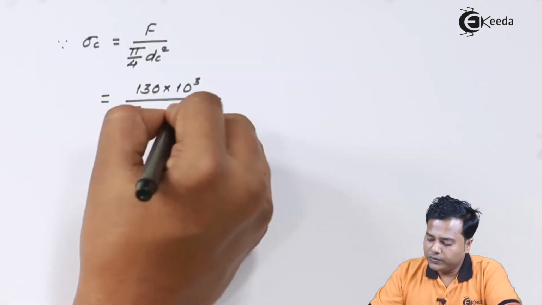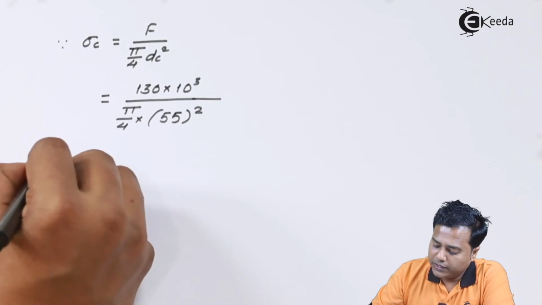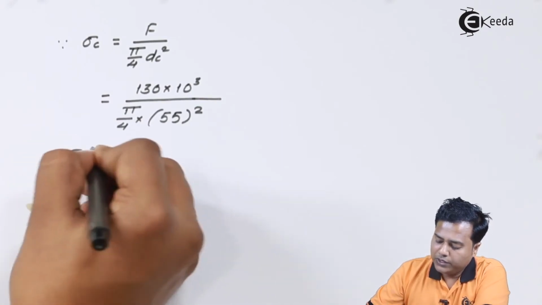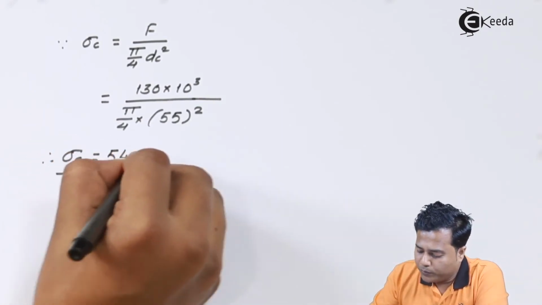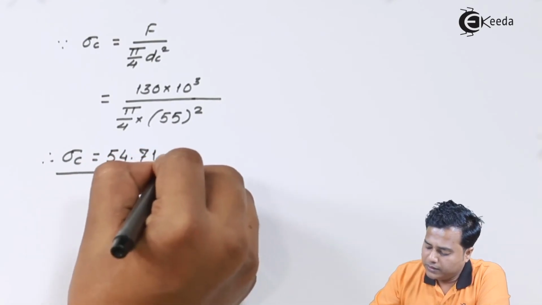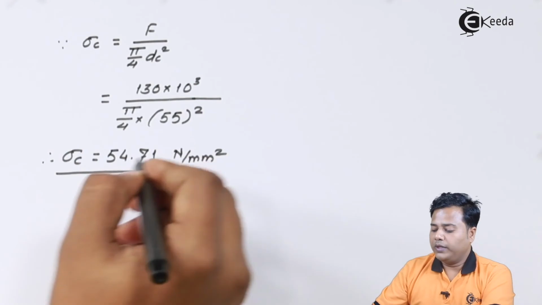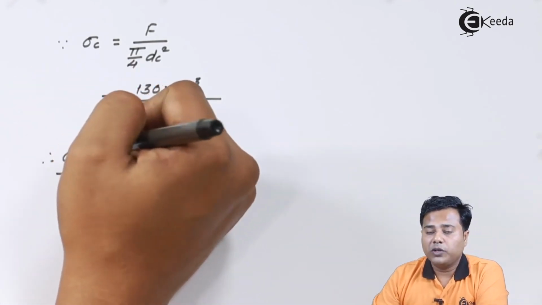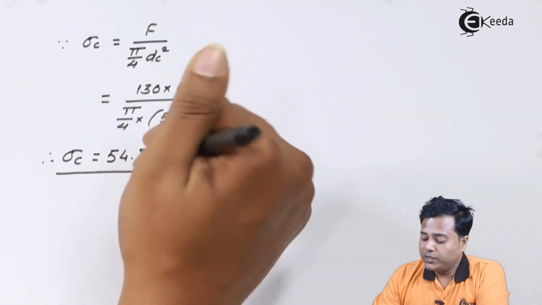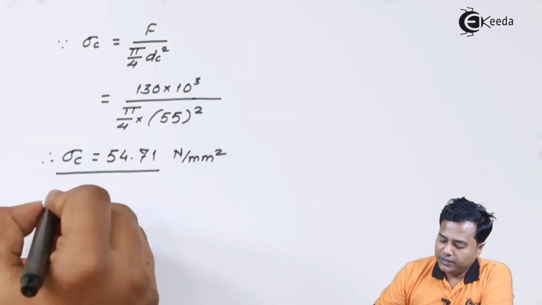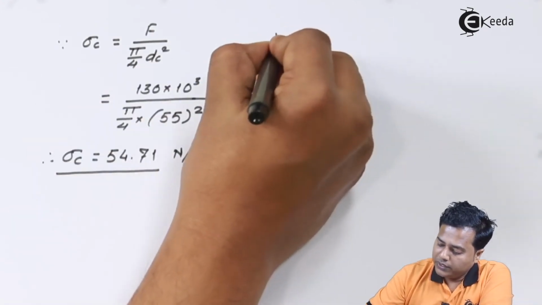So using that value we are going to solve this, and therefore the sigma c value comes out to be 54.71 Newton per millimeter square. No doubt, since this particular value is smaller than the permissible value, it is definitely safe in our case. The next thing is we have to find out the shear stress.